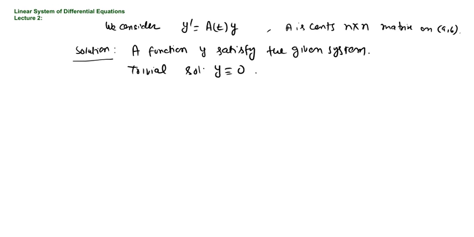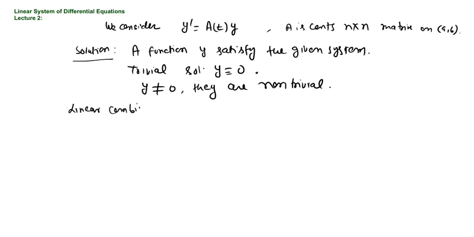Any other non-zero solution is non-trivial, so we look for a non-trivial solution for the homogeneous system. And now we define linear combination.